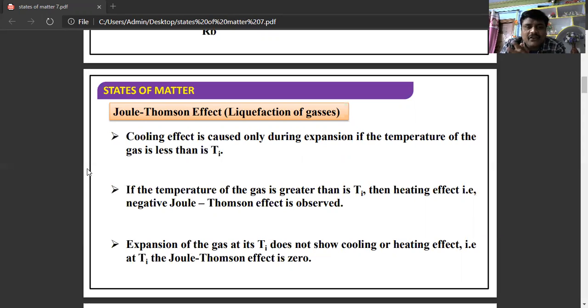The expansion of gas at Ti does not show a cooling or heating effect. That means if it is not showing any cooling or heating effect at Ti, the Joule-Thomson effect is said to be zero.